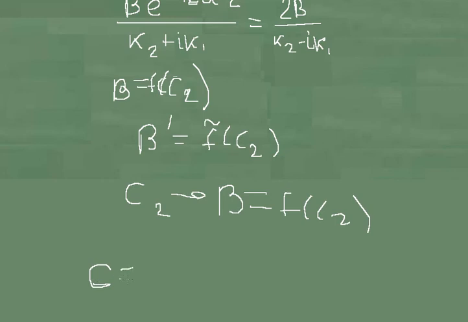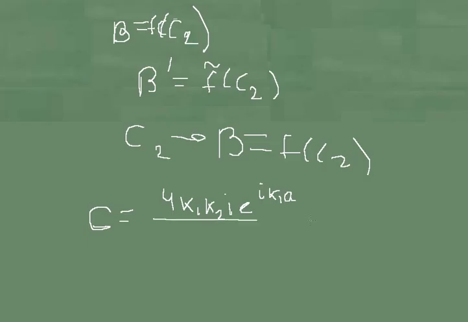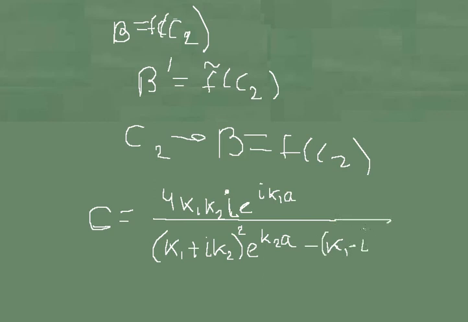Our final coefficient C, this is the most important for us, is 4k1, k2, e exponent k1a, over (k1 plus e^k2) squared exponent k2a minus (k1 minus e^k2) squared exponent minus k2a.